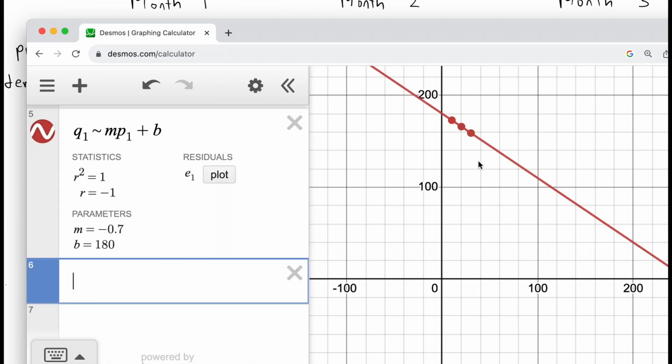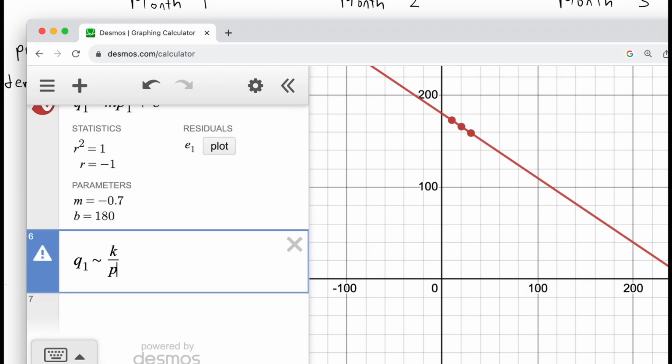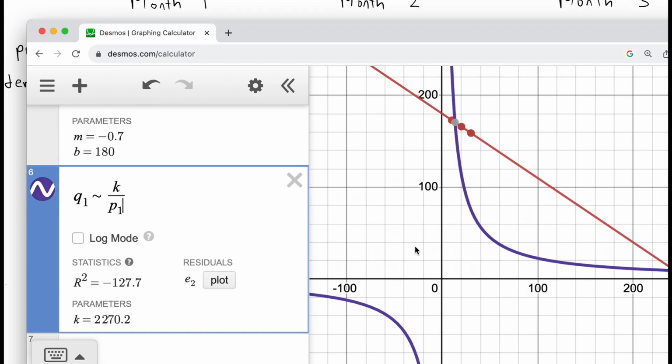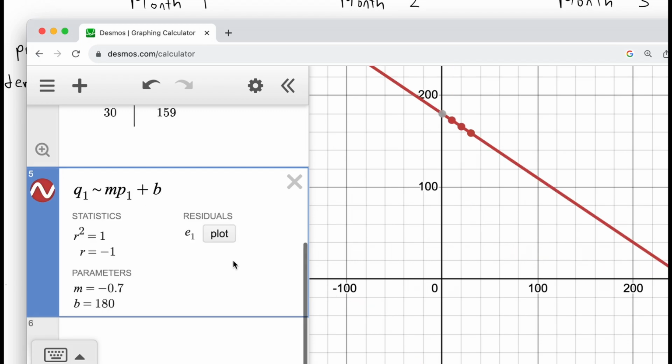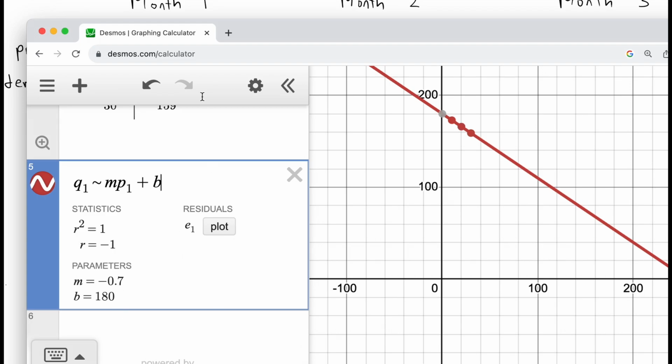Now I just went with the simplest case, a linear model. There could be other models, though, for this situation. You could do an inverse curve, like Q1 tilde K over P1, if you thought that was appropriate. In some cases we would do an inverse curve, but I'm going to do linear just for the simplest case. You get a slope and an intercept.